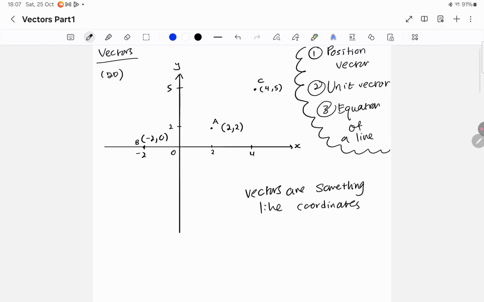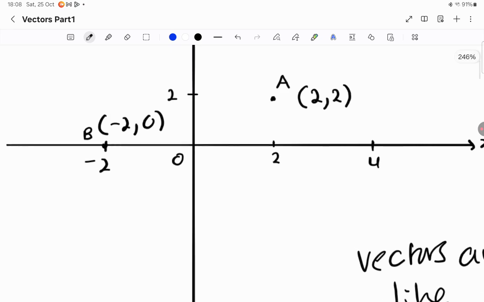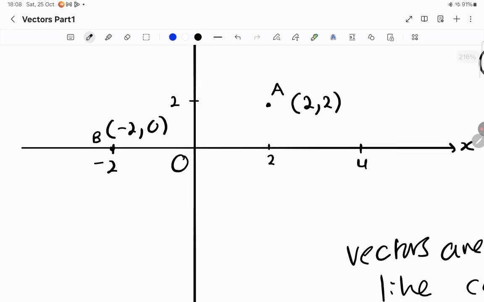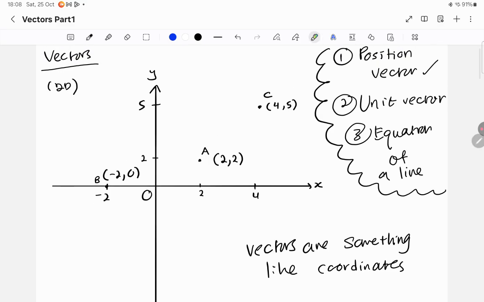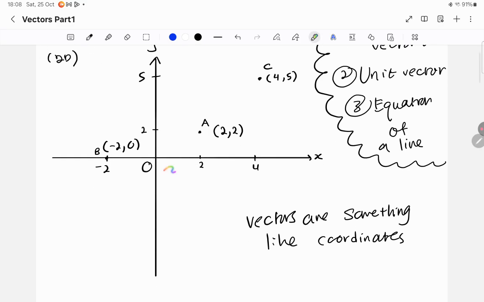So that brings us to the idea of what a position vector is. A position vector is essentially the displacement from the origin. Here we have an origin O. Let's say for point A, if you can see our coordinates, it's 2 units in the x-axis and 2 units in the y-axis.